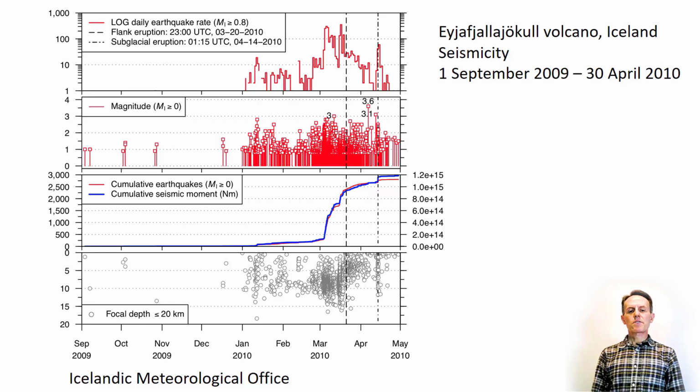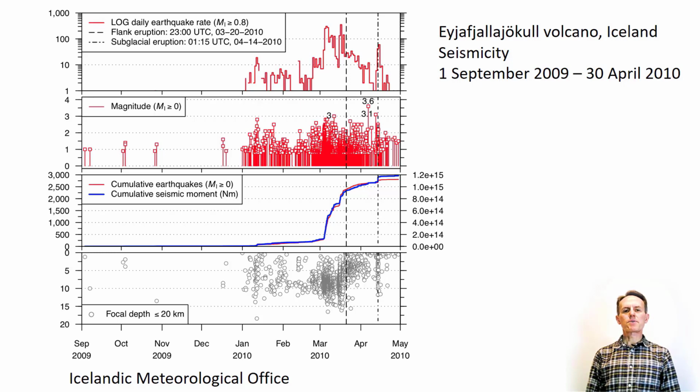The plot shows that overall the recorded earthquakes are small. The largest are in the magnitude range 3 to 4. This feature of the seismicity, a large number of small earthquakes, is typical for volcanic unrest.